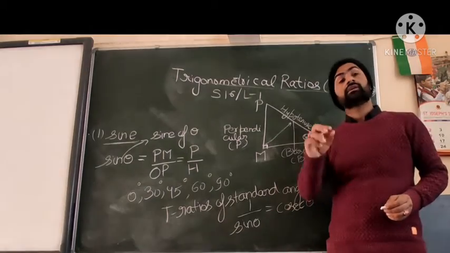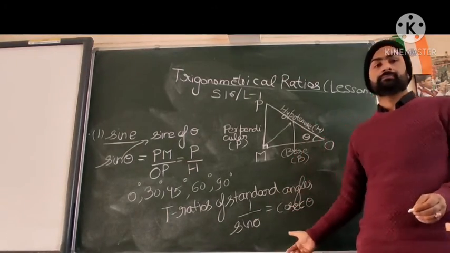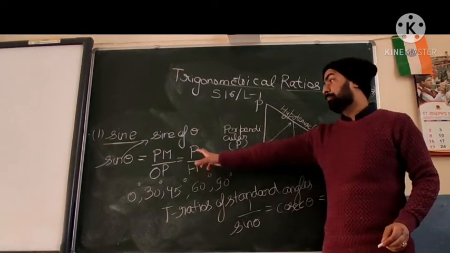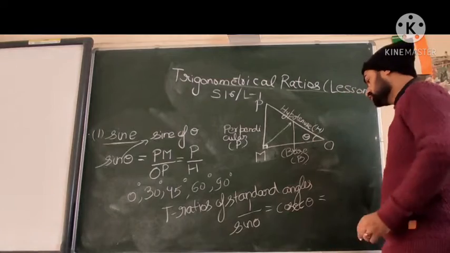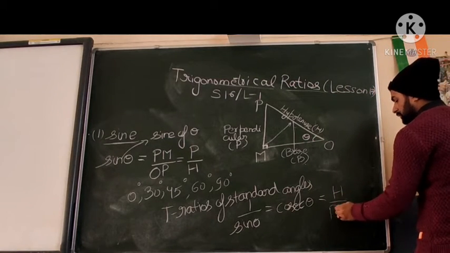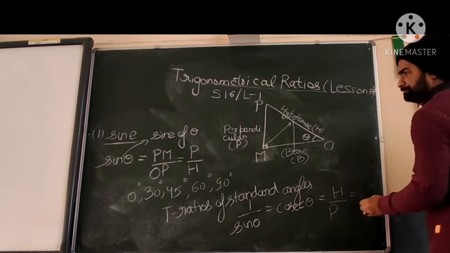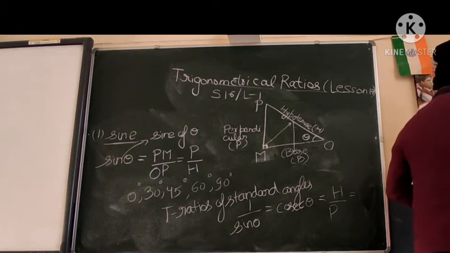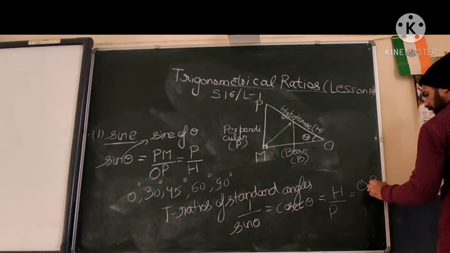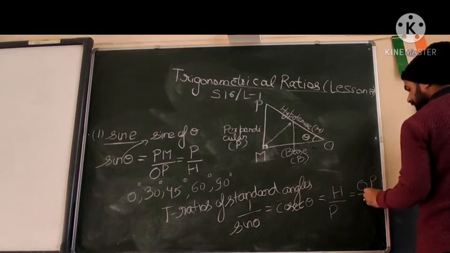Cosec theta is the inverse of sine theta. And what will its value be? The value of sine theta is perpendicular upon hypotenuse. So the value of cosec theta will be hypotenuse upon perpendicular, or it will be OP upon PS.